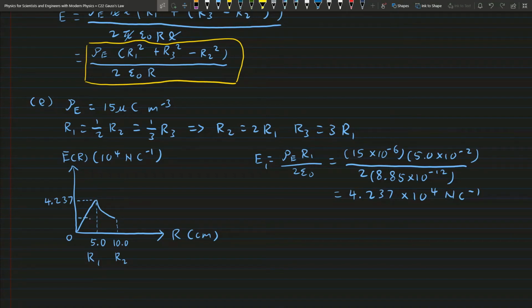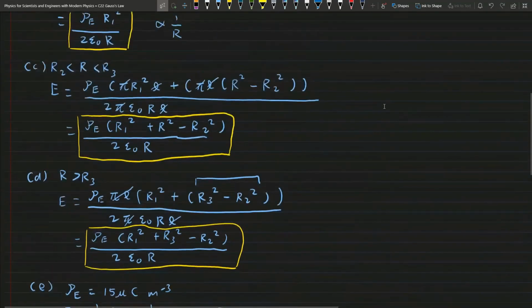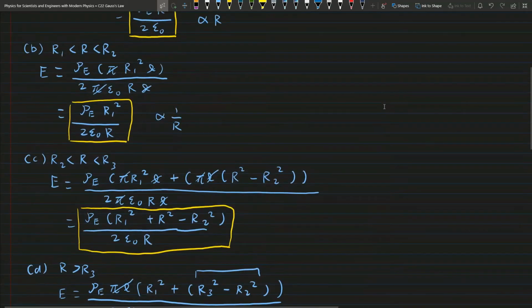Now we want to find out the corresponding electric field at this R2. We refer to case C here. Let's call this E2.